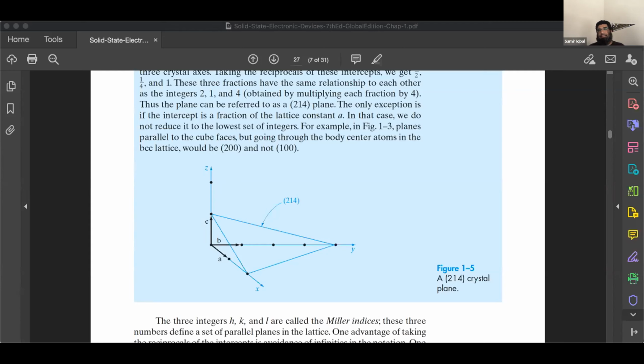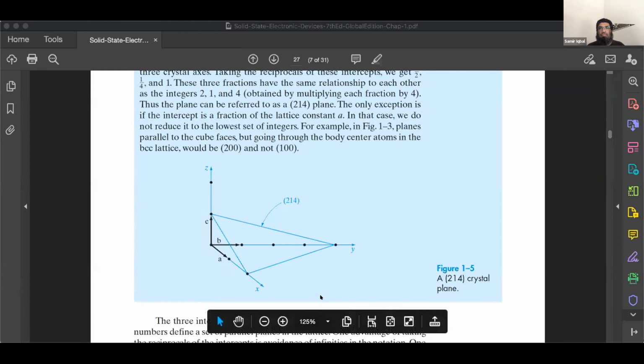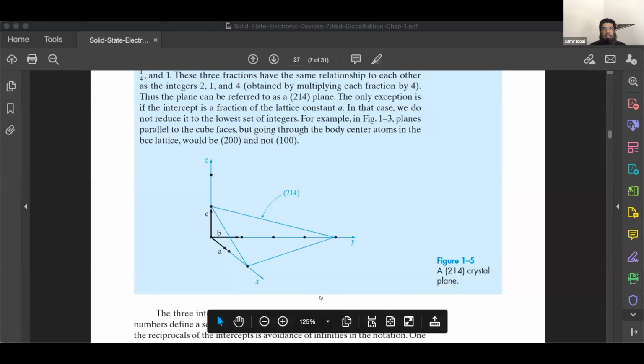You'll be amazed. We know exactly how many atoms are there in a unit cell. If you know that, then we know exactly how many atoms are there in a semiconductor chip, right? Because we know the density, we know the area, we can find out exactly how many atoms there would be. We count atoms. All right, so we are together on this, Miller indices.